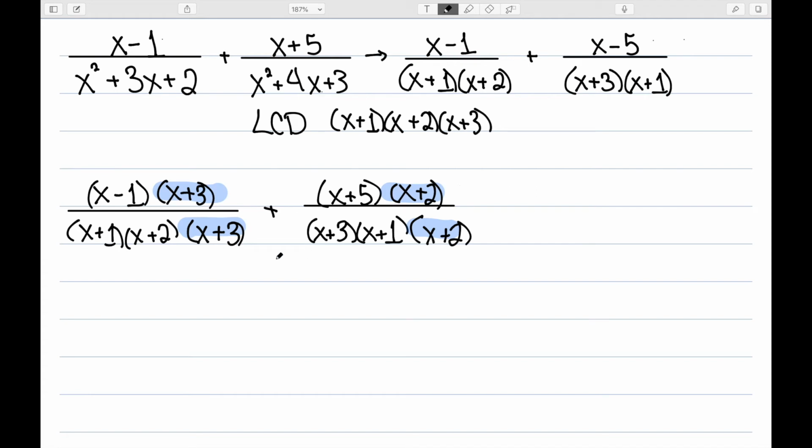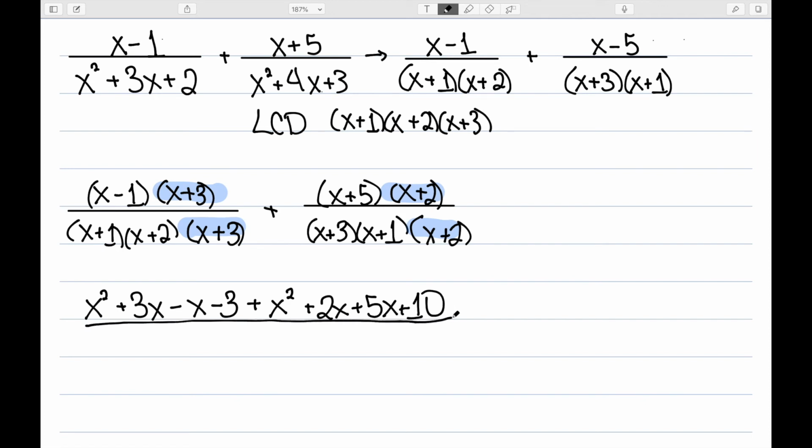I can then multiply. When I do, I get x squared plus 3x minus x minus 3. And my second fraction, now that they have a common denominator, I can add them. I get x squared plus 2x plus 5x plus 10, all over x plus 1, x plus 2, x plus 3.